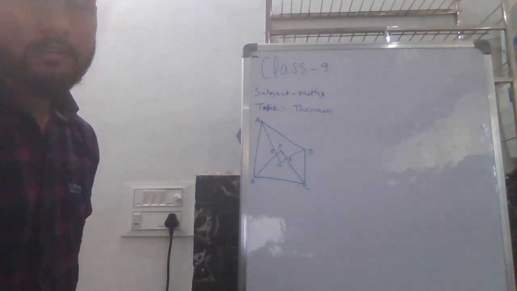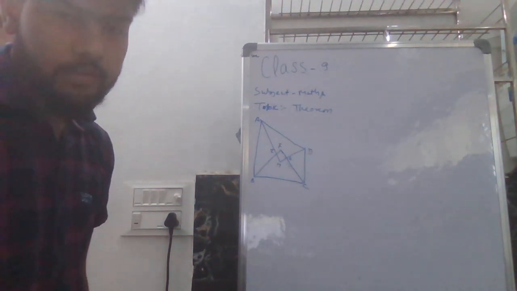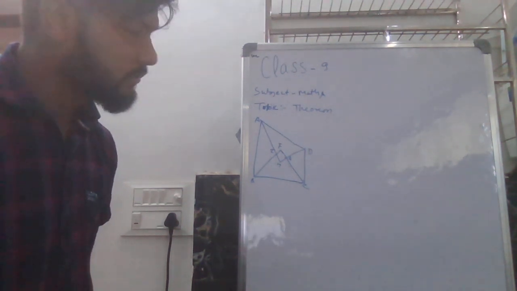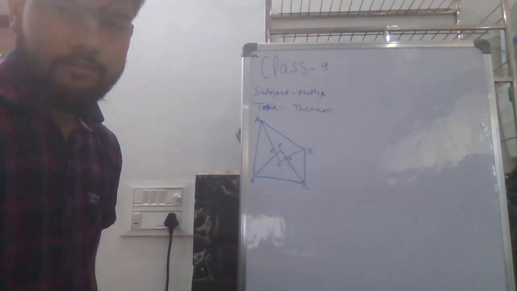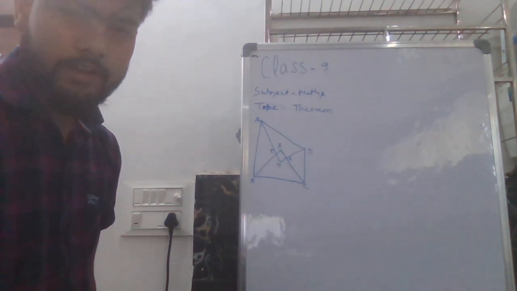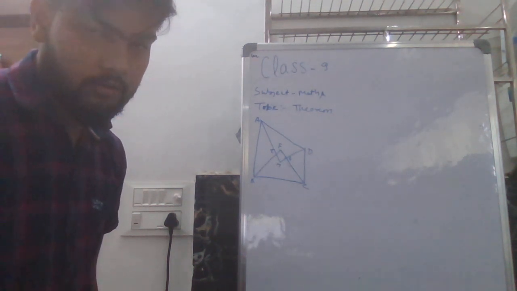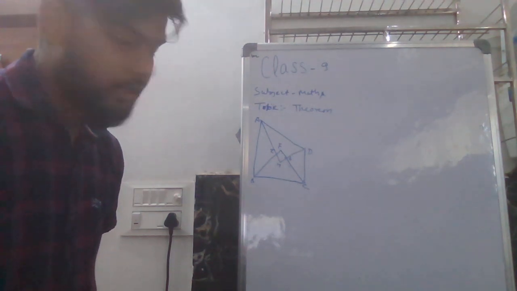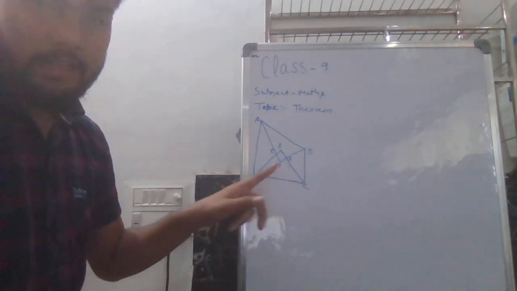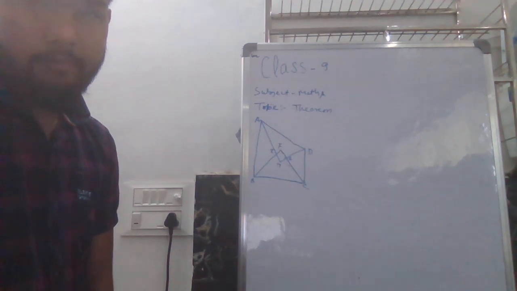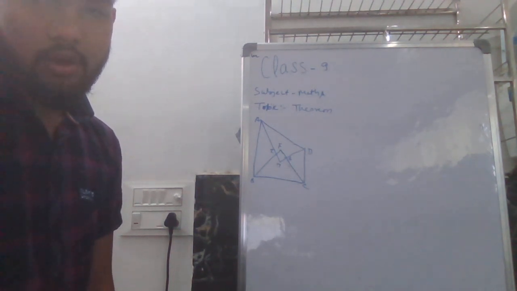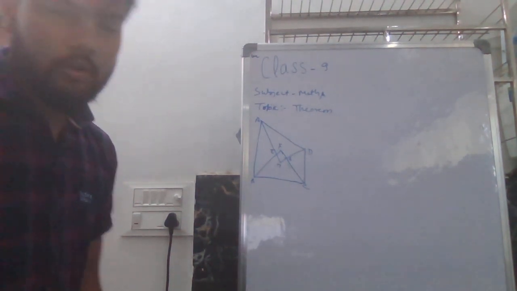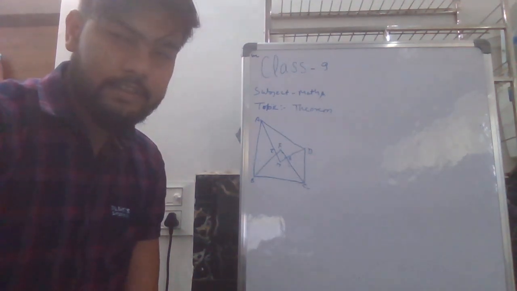In the construction, ABCD is a quadrilateral in which the angle bisectors AH, BF, CF and DH of internal angles A, B, C and D respectively form quadrilateral EFGH. So now let's start to prove that quadrilateral EFGH is cyclic.